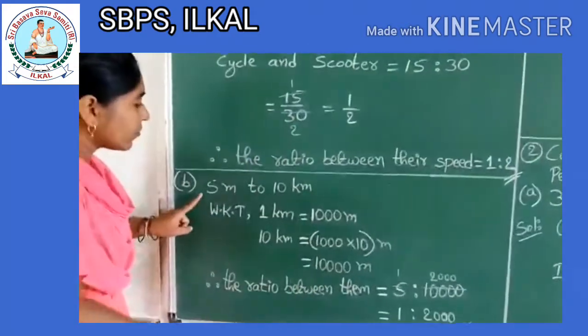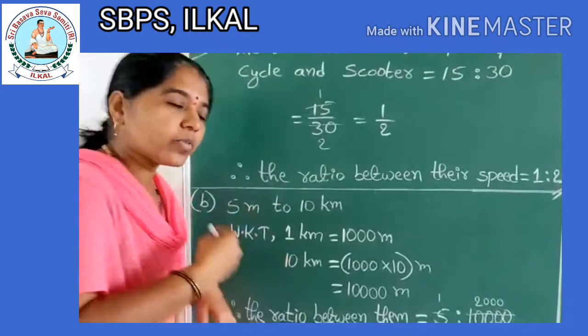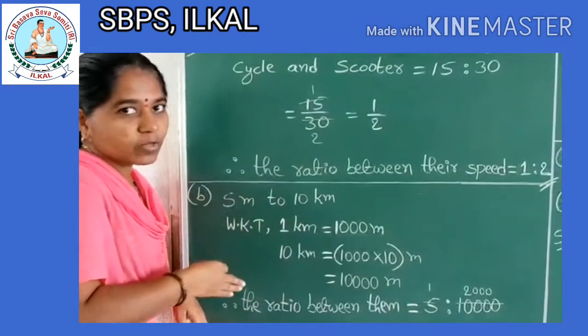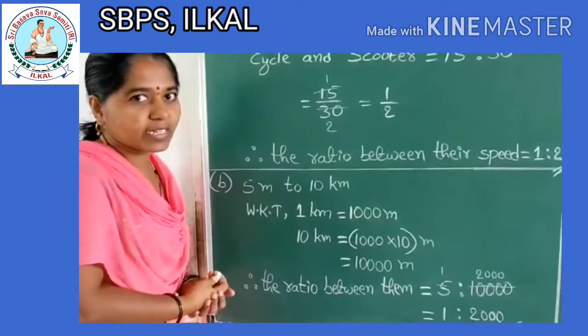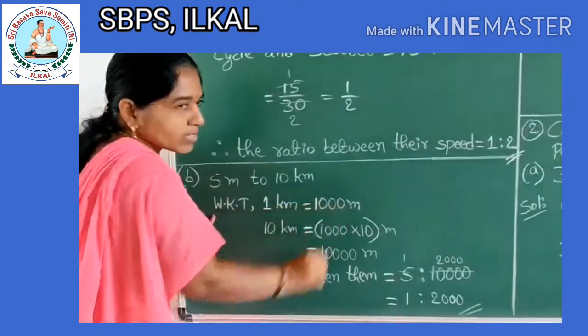Next one, 5 meter to 10 kilometer. Children, we can find ratio only for the same units. If it is different units, we have to convert first and then find the ratio. We know that 1 kilometer is equal to 1000 meter.